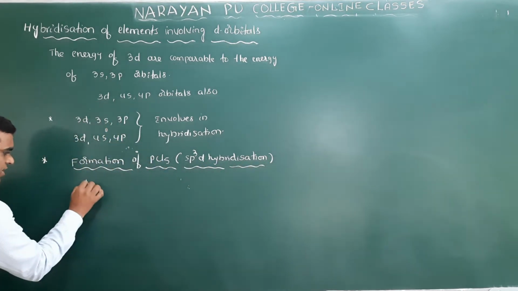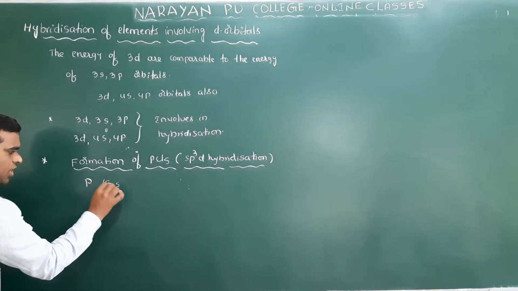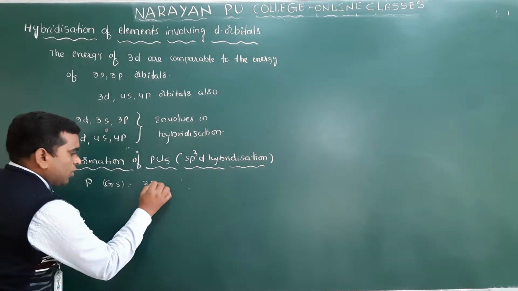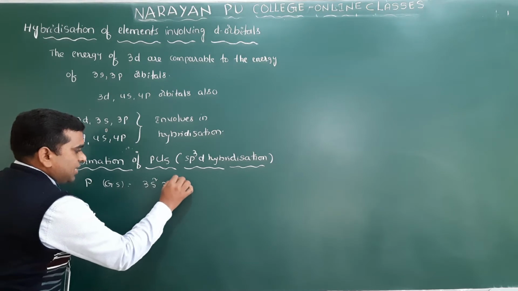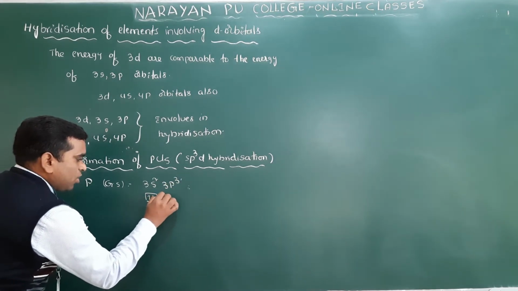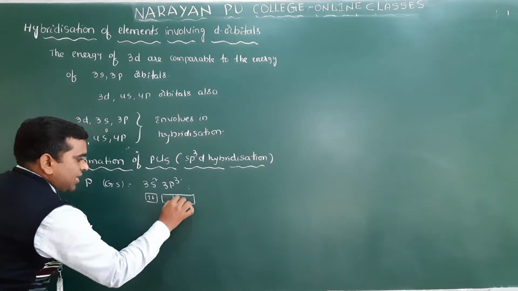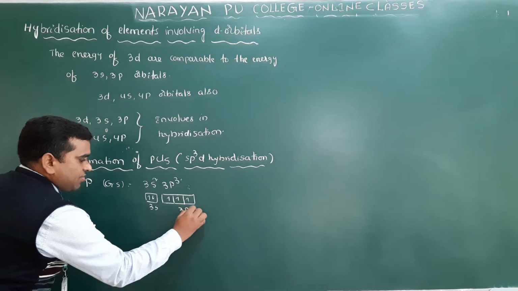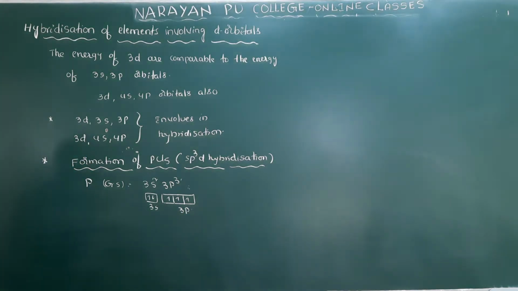You know phosphorus. What is the ground state electronic configuration? Phosphorus belongs to which group? 15th group. So you know 3s2 and 3p3. How many electrons are there in the 3s orbital? 2 electrons. And in the p orbital, 3 electrons.